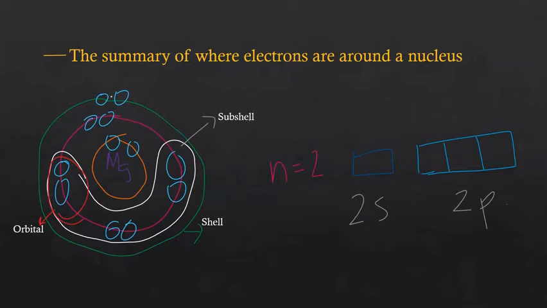The third can carry an S, a P, and a D, and so on. These shells, remember, are the rings that we can draw out on a Bohr diagram.